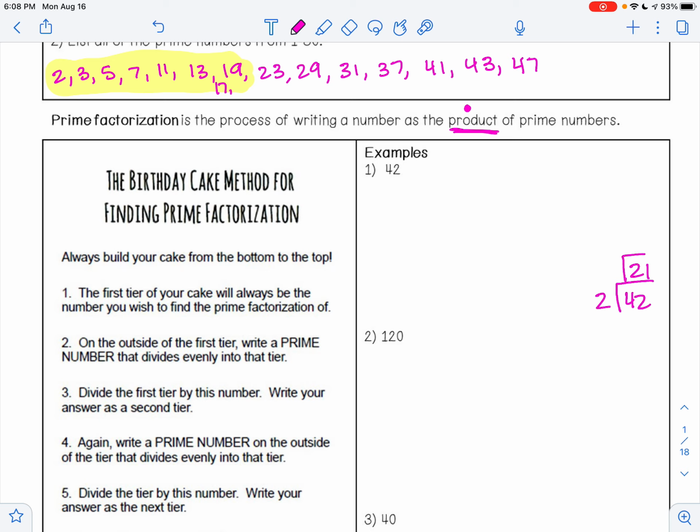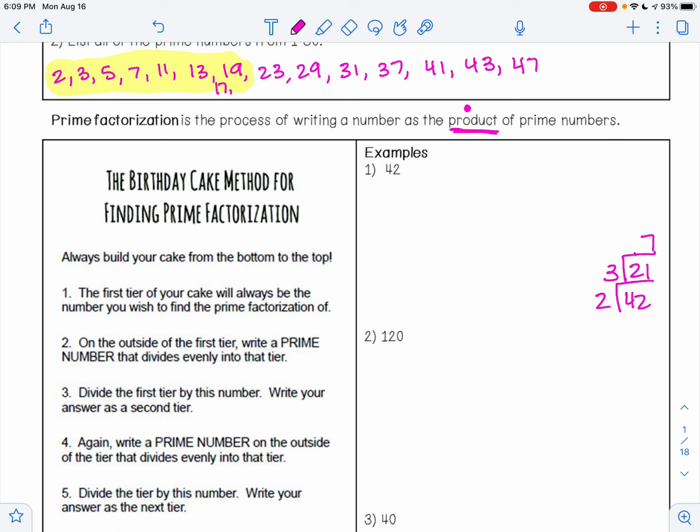I am looking for the smallest prime number that goes into 21. If I divide 21 by 2, I'm going to get a decimal. So 2 doesn't work. So let's try 3. 21 divided by 3 is 7. So that works. So the smallest prime number that goes into 21 is 3. 3 goes into 21 7 times.